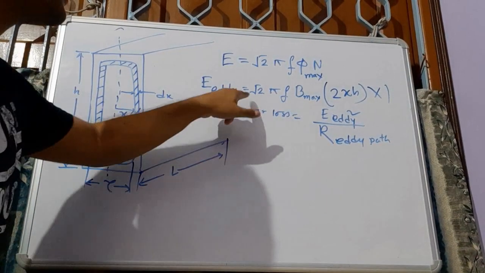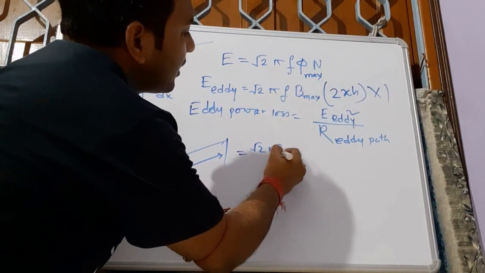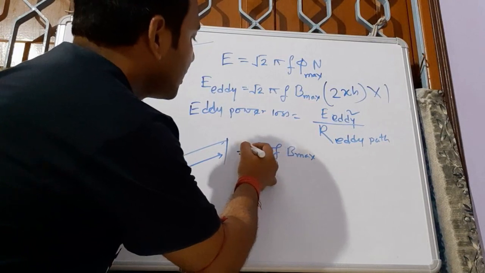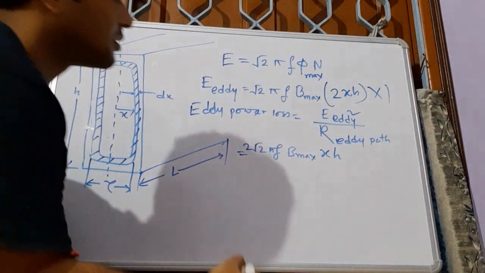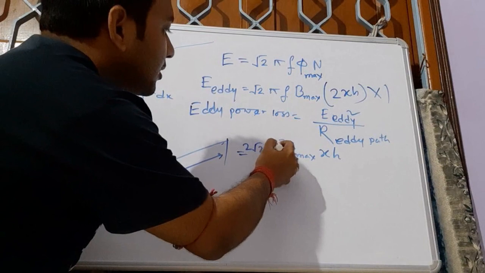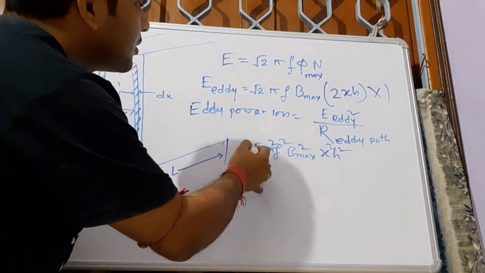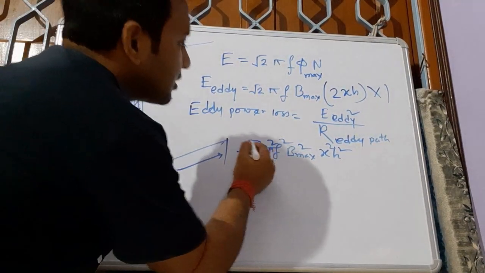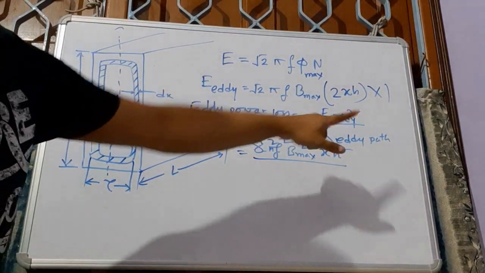Now we can write E_eddy like this: root 2 pi f B max, 2x h, this square, and 4 into 2, 8, this will be 8, right? E_eddy square divided by R_eddy path.